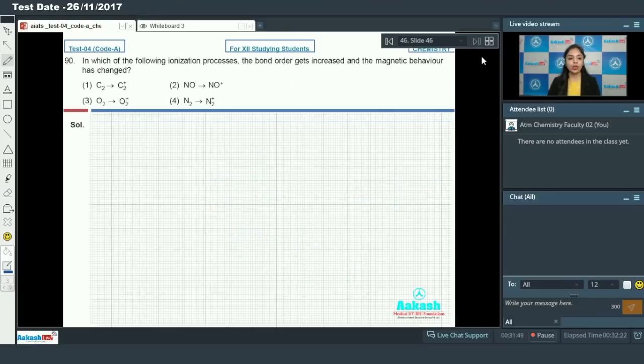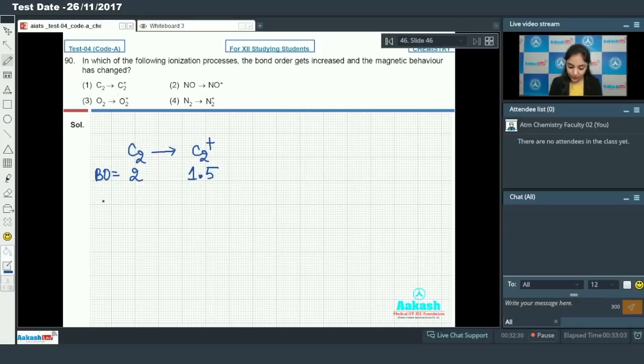Moving on to the next one, now we have question number 90, which says in which of the following ionization processes the bond order gets increased and the magnetic behavior has changed. In the first option we have C2 converting into C2 plus. The bond order of C2 is equal to 2, and here the electron is removed from the bonding pi molecular orbital, so the bond order will decrease to 1.5.